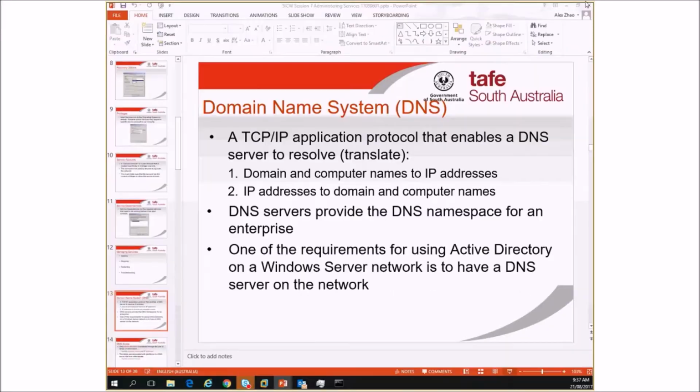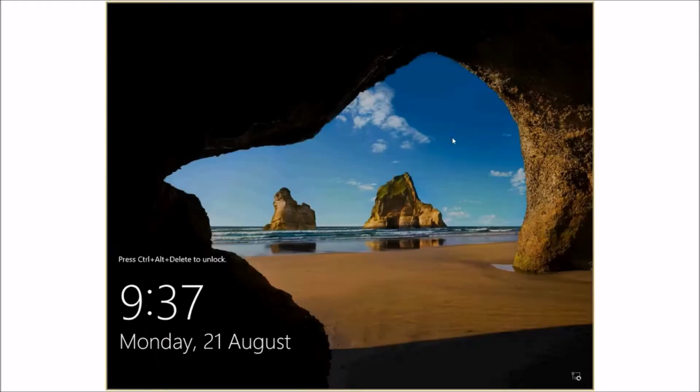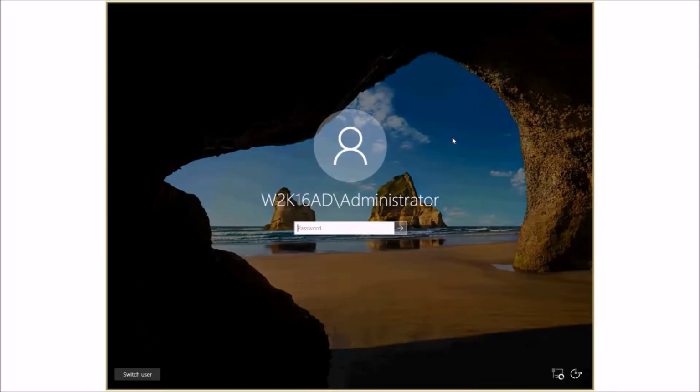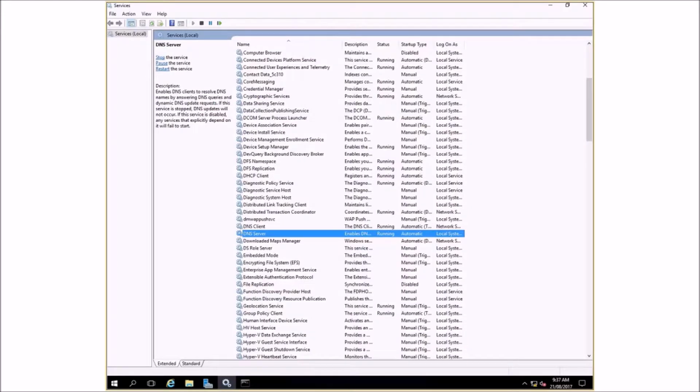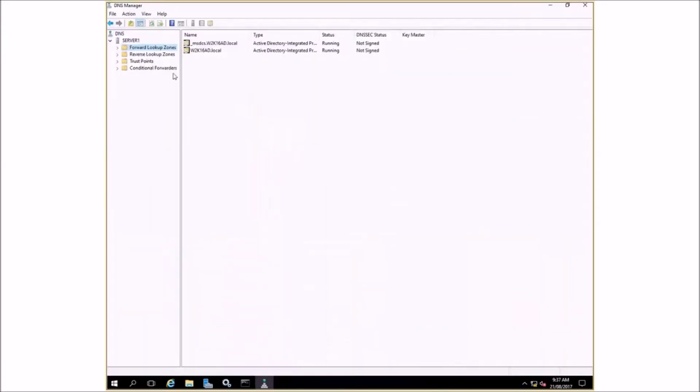So basically, when your computer wants to log in, it actually queries, which is basically another word for asking a question, of the DNS server, and it asks, who is my LDAP server? Who is my Kerberos server?